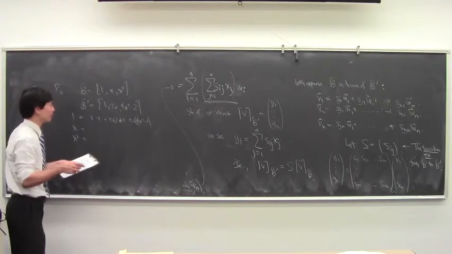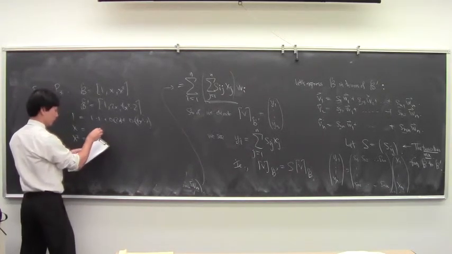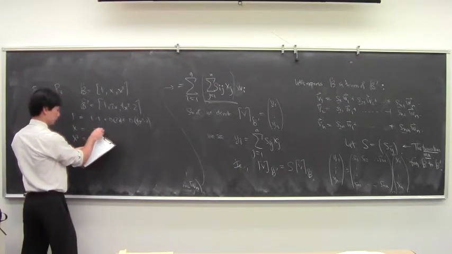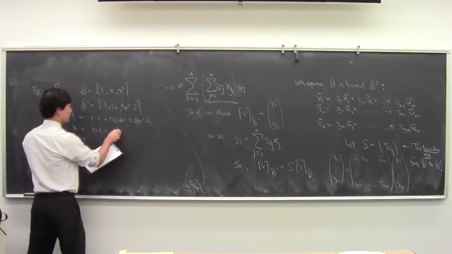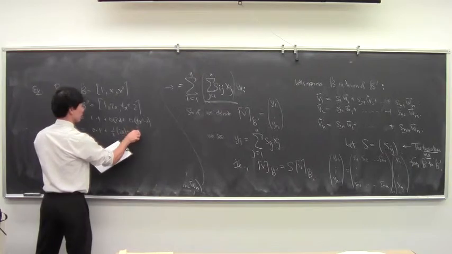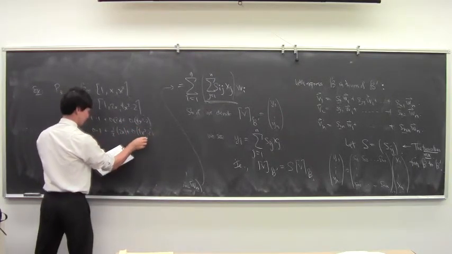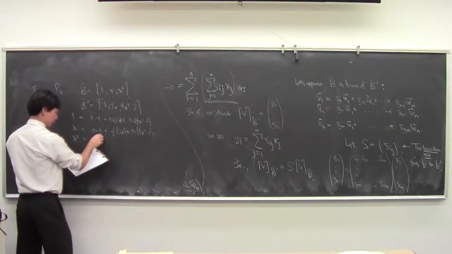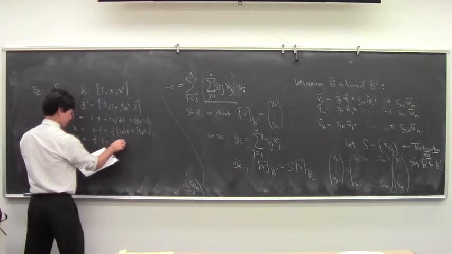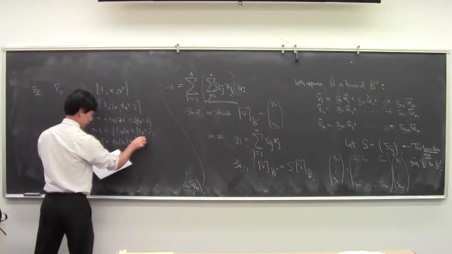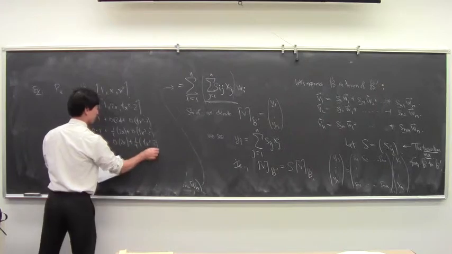Okay. And then here you get 0 times 1 plus 1/2 times 2x plus 0 times 4x squared minus 2. And here you get 1/2 times 1 plus 0 times 2x plus 1/4 times 4x squared minus 2.